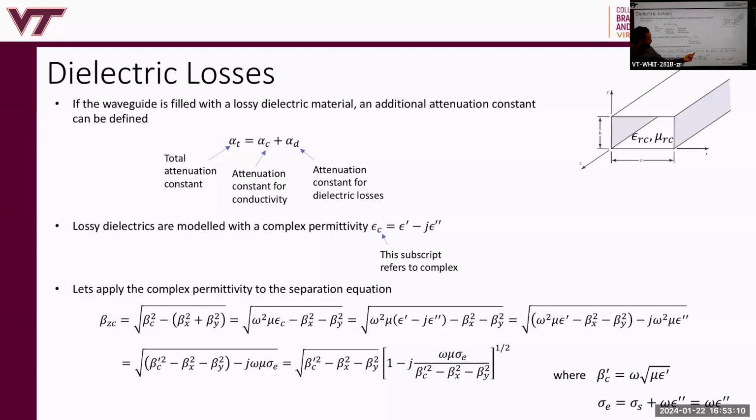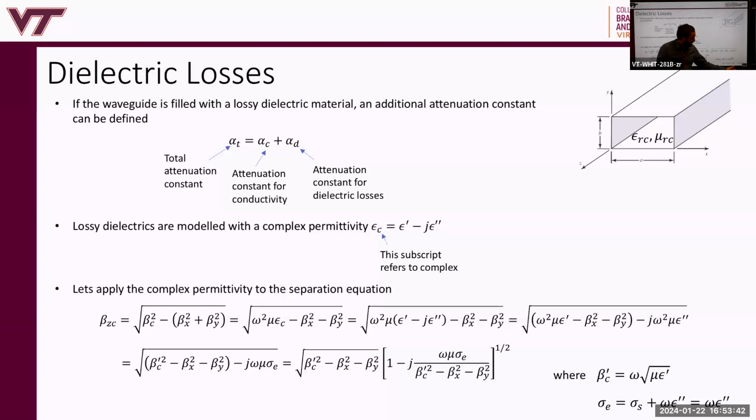Now let's combine real and imaginary parts. All the real parts are here, and the imaginary part is there. Let's call the real part, omega squared mu epsilon prime, beta c prime, and we'll plug that here. Then we'll recognize here that sigma effective, I don't know if you remember from last semester in lecture 2, was the static conductivity, sigma static, plus omega epsilon double prime.